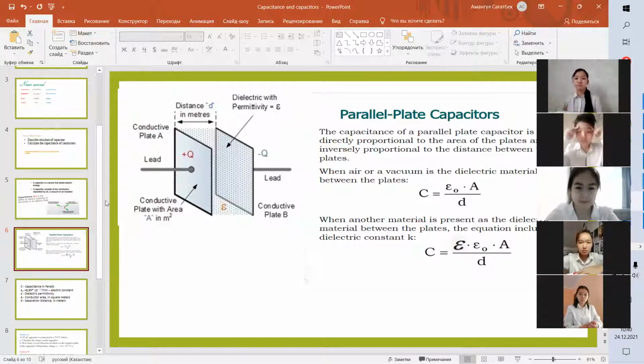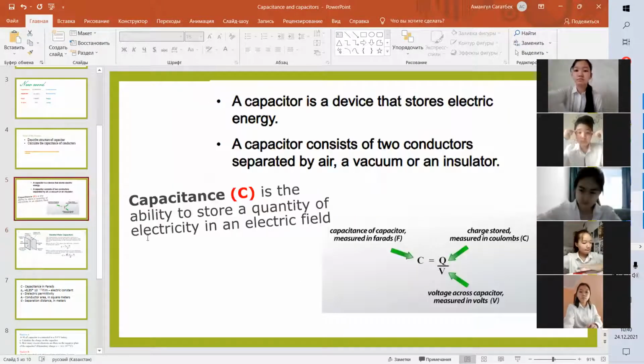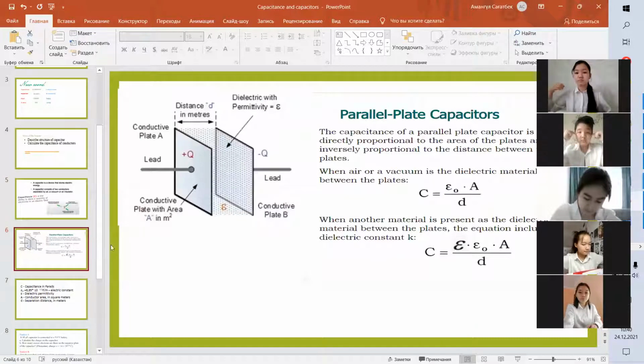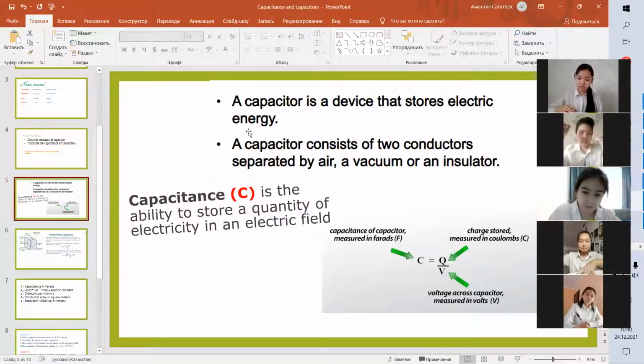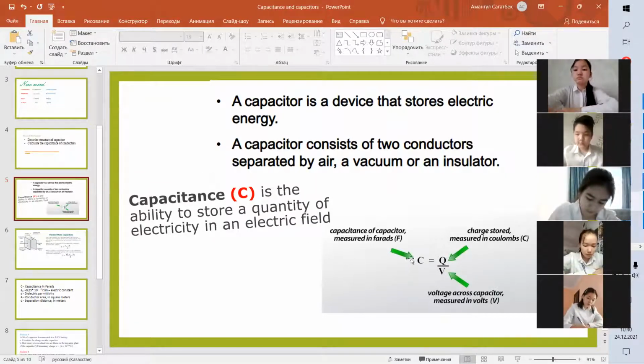You can write down in your copybook the definition and formula. What is capacitor? What is capacitance? And its formula.